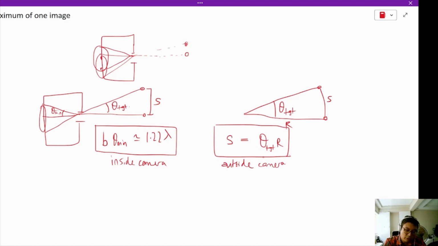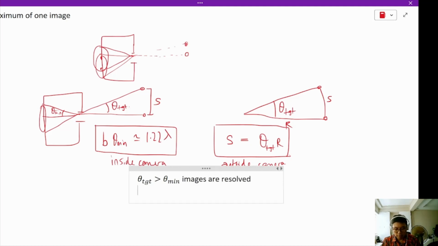Now, in order for the objects to be resolved, it all depends on whether or not the theta of the target is bigger or smaller. If theta of the target is larger than the minimum angular resolution of the camera, then we will say that the images are resolved.